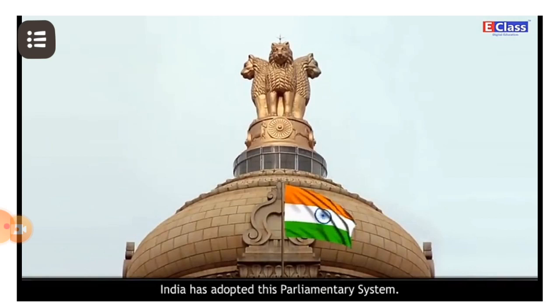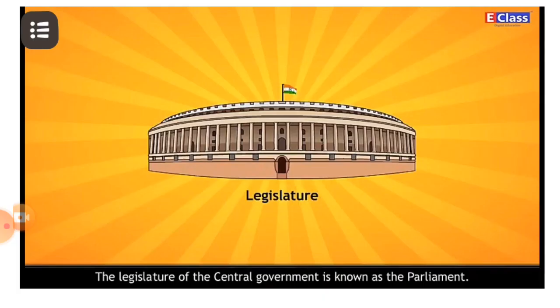Let us understand the characteristics of the Indian parliamentary system of government. The parliamentary system is a system of governance. This is the first characteristic of the Indian parliamentary system.